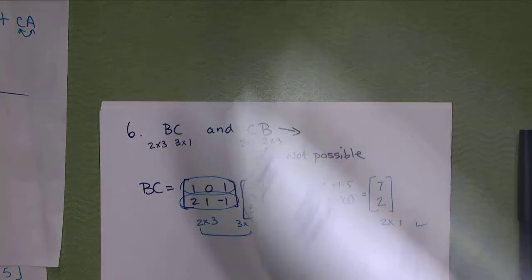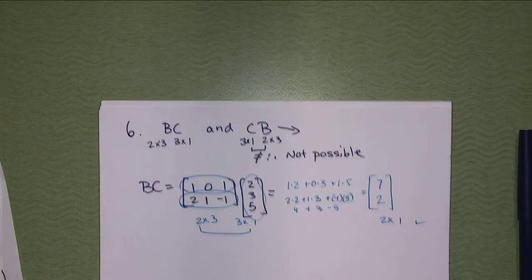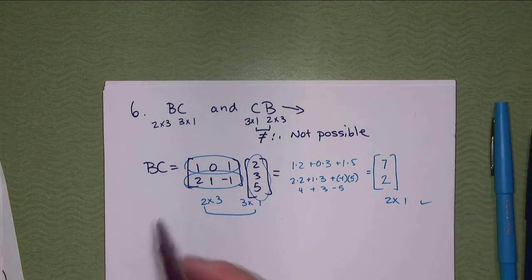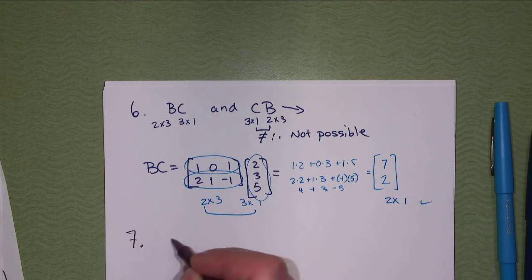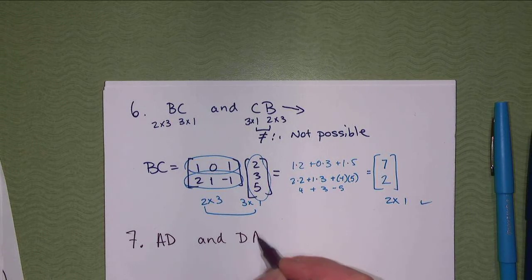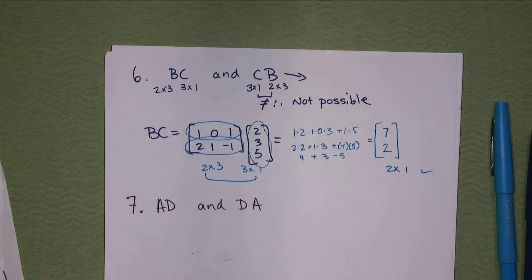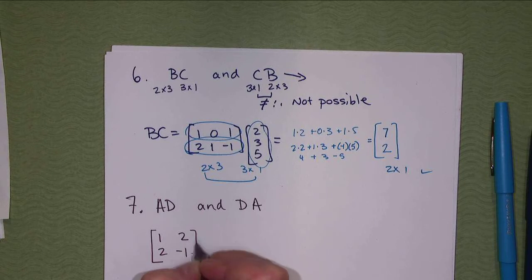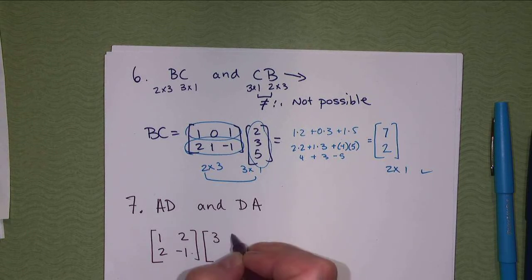So there's B times C and C times B, and then I ask the same thing for A and D. So A and D are the same size. So they'll both work. All right, so we're going to get an answer for that.